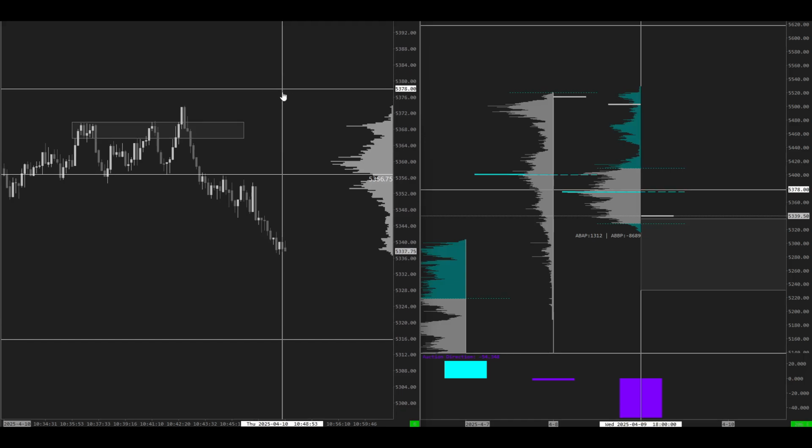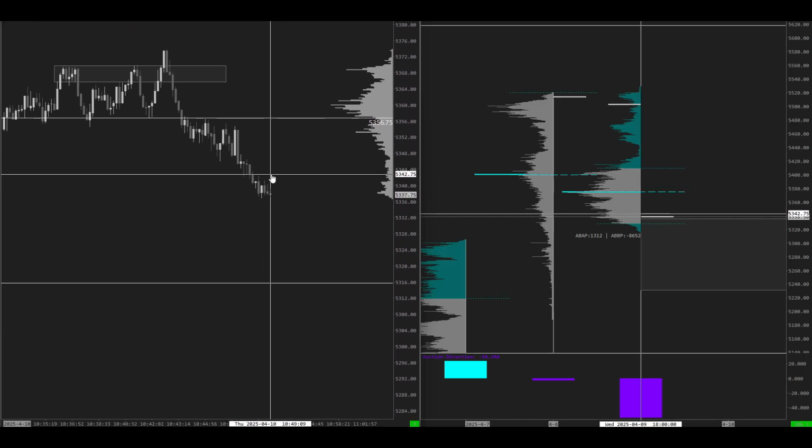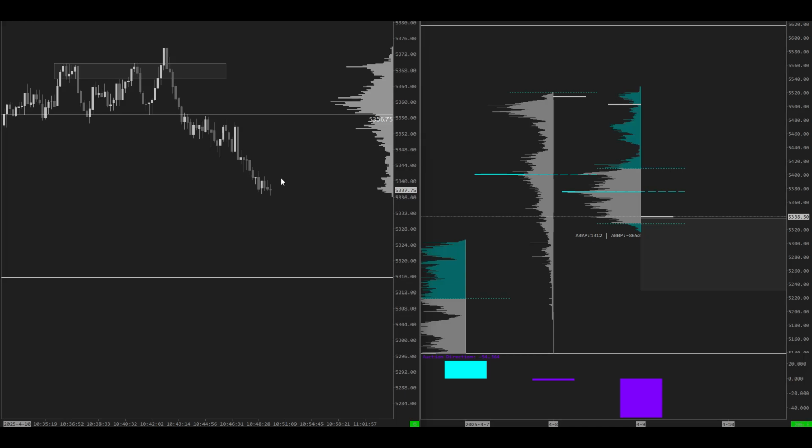Like how it wasn't able to test VWAP, so even if it did, I'd expect it to flush back down, as long as it rejected, of course.